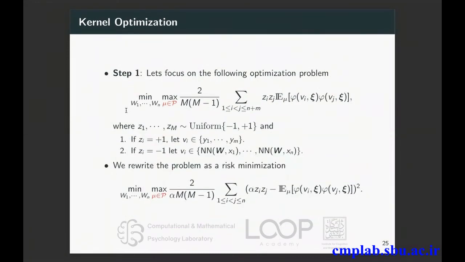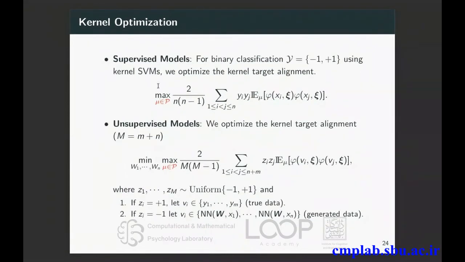Now I have two optimizations here, one for the supervised model and another for the unsupervised model, but as you can see, they look similar to each other. So for the rest of the talk, I only focus on the unsupervised model, because whatever I say here can also be applied to the supervised model.